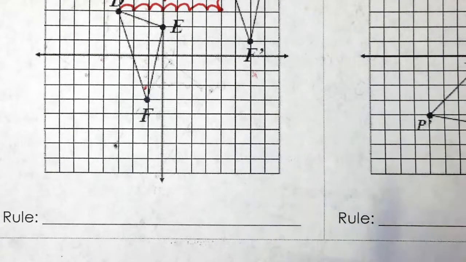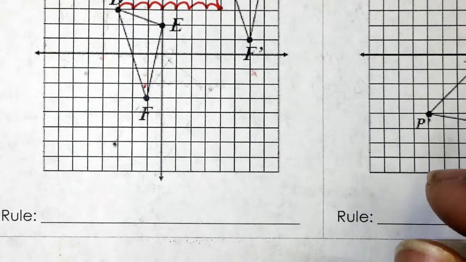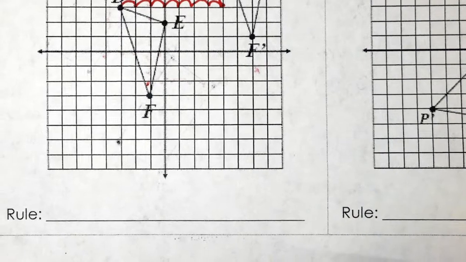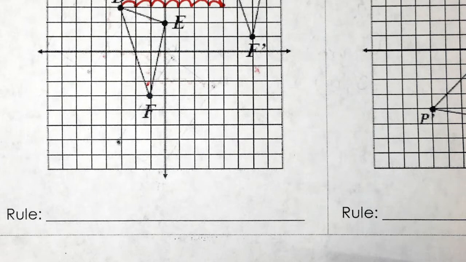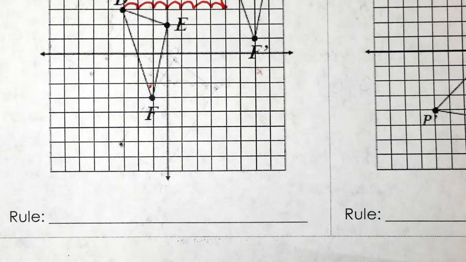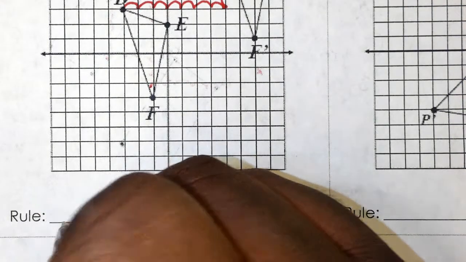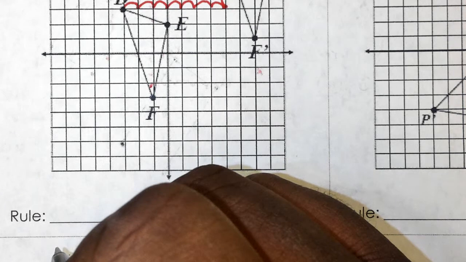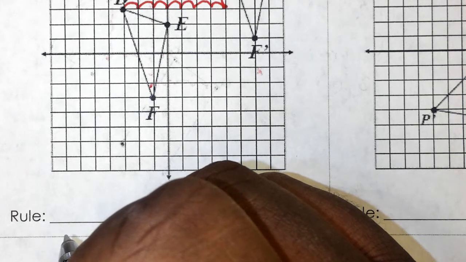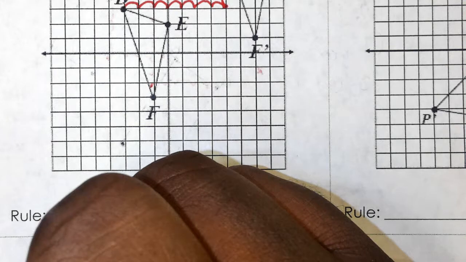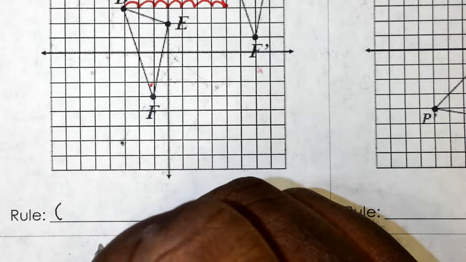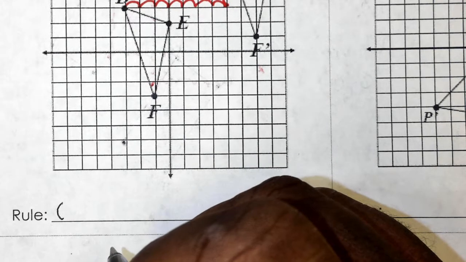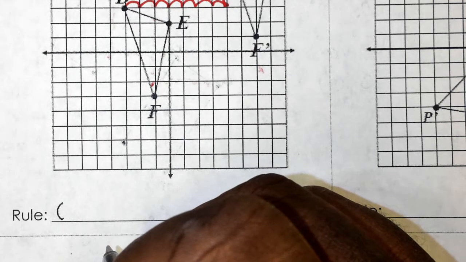Juan, you going to be able to write the mapping rule for me? You can try. Want Reese to do it? Not yet. Reese?